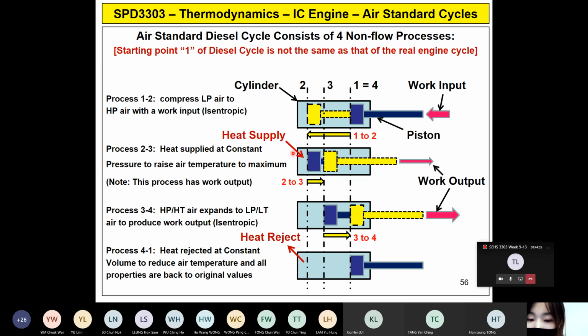We give a heat supply to raise the air temperature to maximum. At constant pressure, you should pay attention. This process has work output. You have work output because the piston has movement.